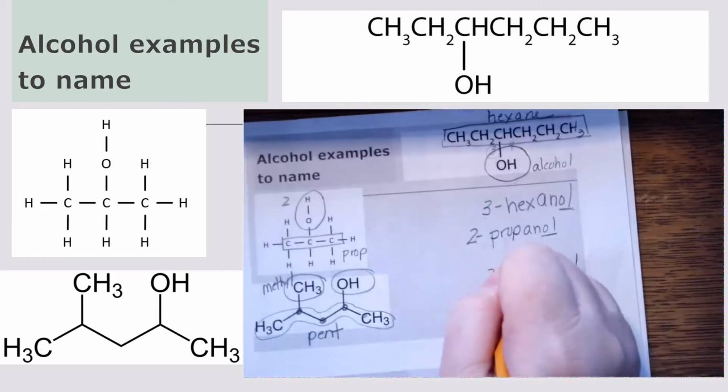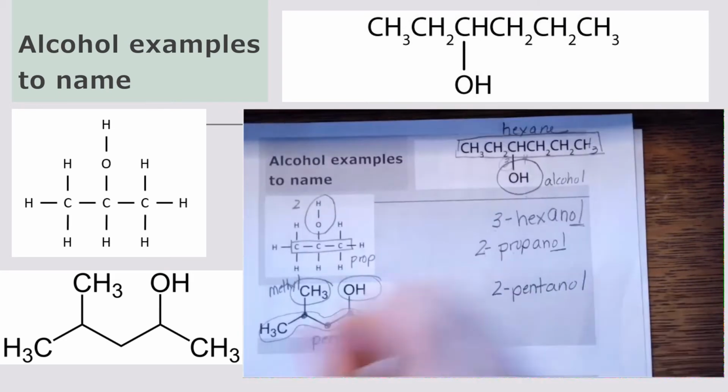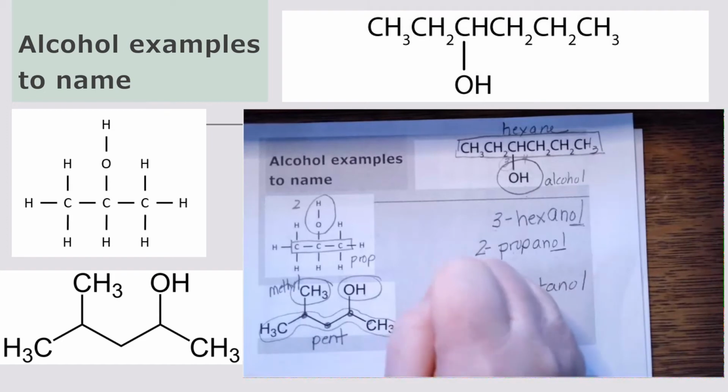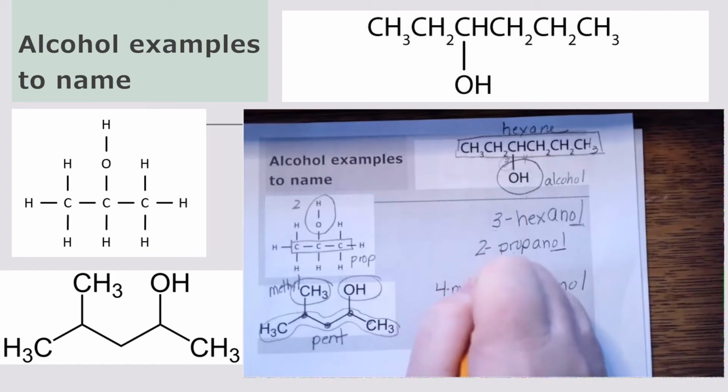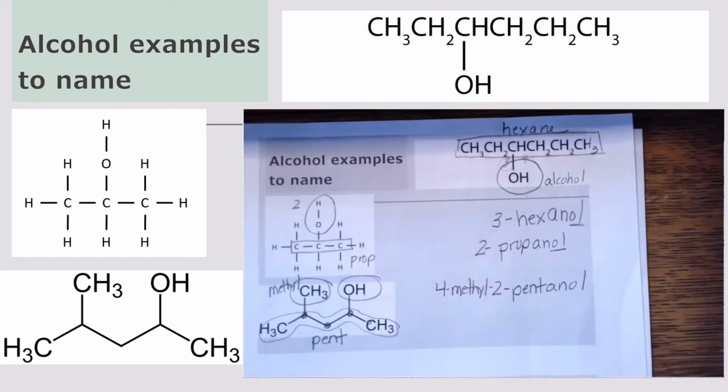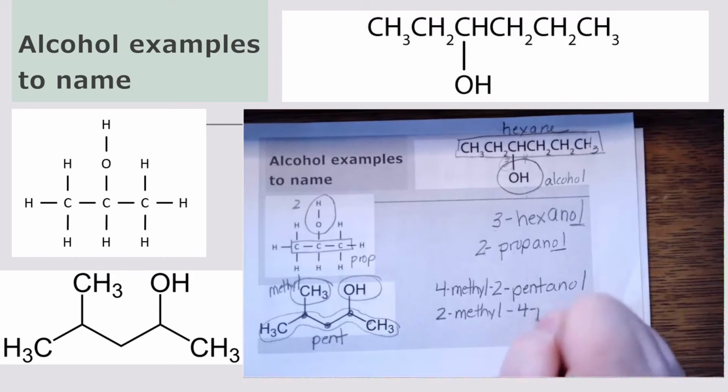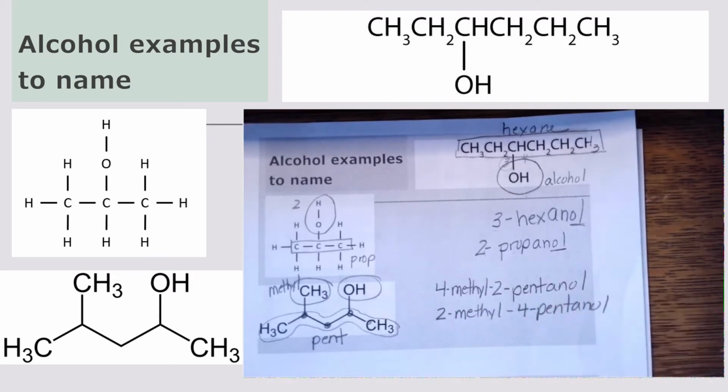We'll say 2 pentanol and then 4 methyl. Or you could say 2 methyl 4 pentanol. It's really the same thing, and there's just a little nuance here, but it doesn't really matter in terms of this class which way you're going to name it.